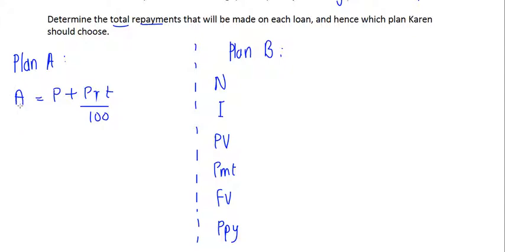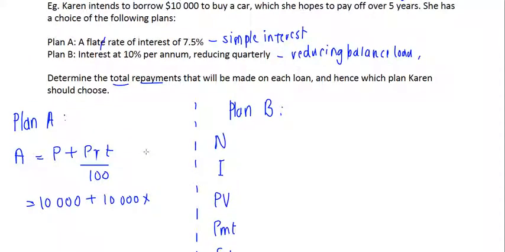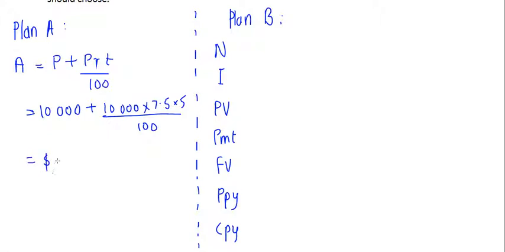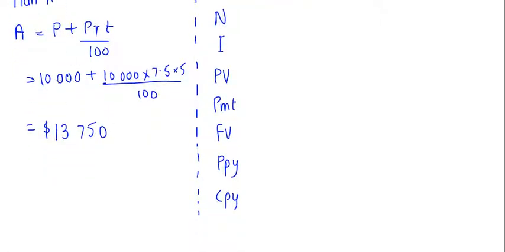Remember, total amount is A. So if 10,000 was borrowed, remember the flat rate was 7.5%, and that was for 5 years. And you'll see that $13,750 must be paid back. 10,000 was borrowed, so you can see the interest straight away, $3,750.